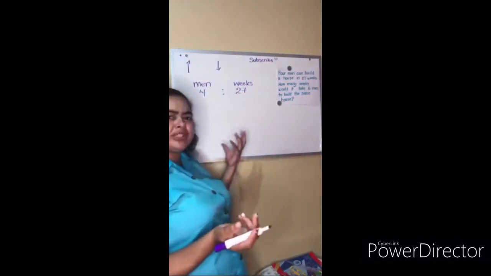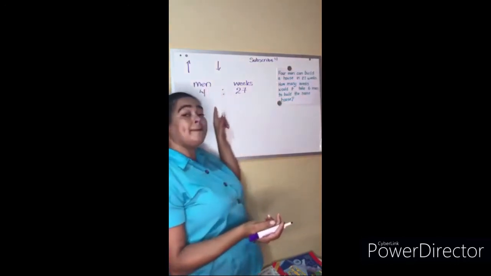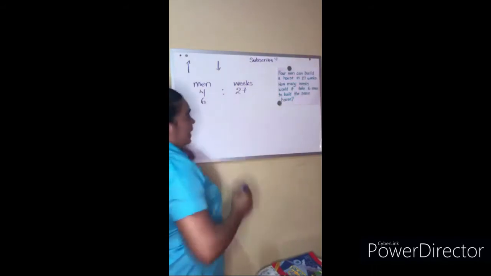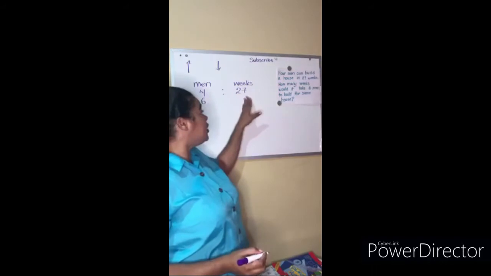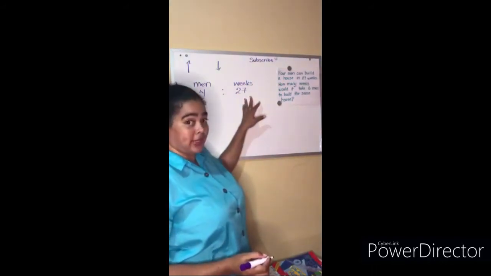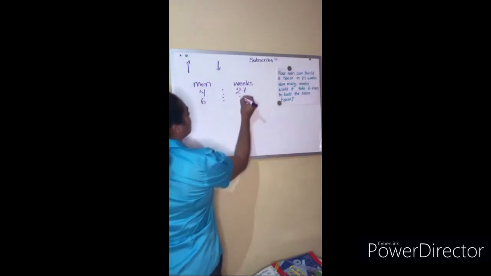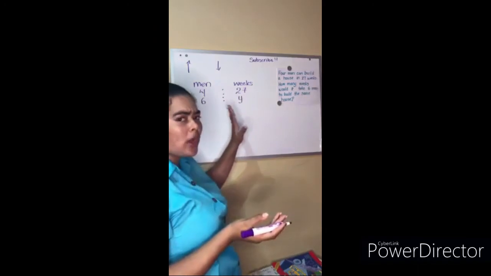So where would we put 6 men? Would we put it under the weeks or would we put it under men? That's right. We're going to put it under men. And we need to be very careful about this because if we put it under weeks, our answer will not be correct. Alright? So we do not know how many weeks that will be. So we're going to call it Y for now.